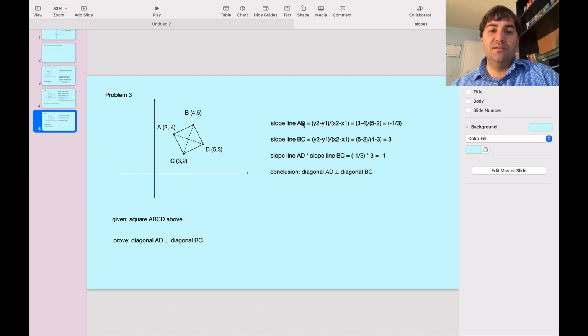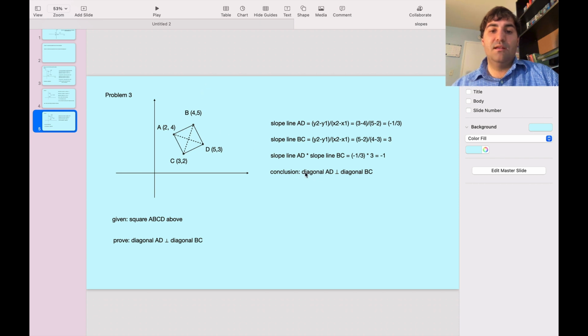So if we multiply the slope of line AD with the slope of line BC, we get minus 1/3 times 3, which is equal to minus 1. So in other words, we know that line AD is going to be perpendicular to line BC. So, these are segments, right? And they're subsets of lines.